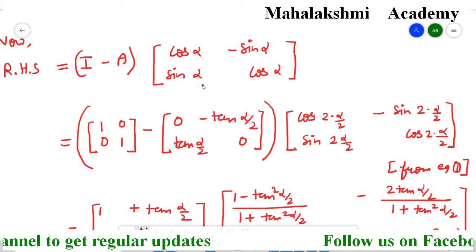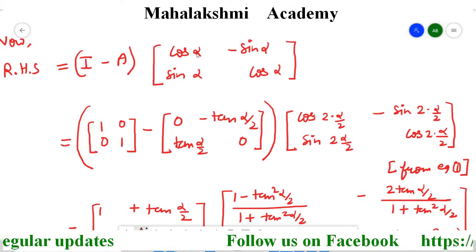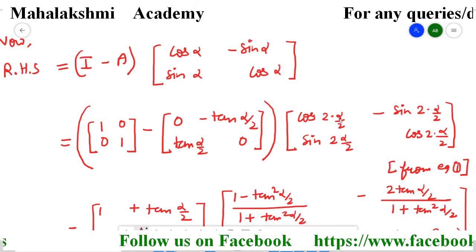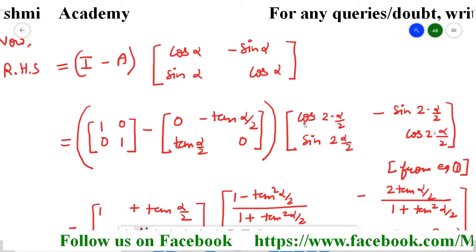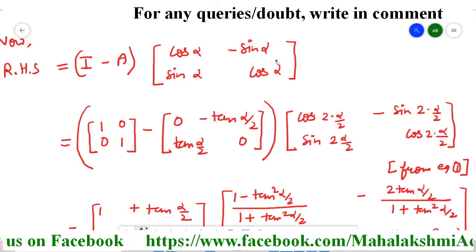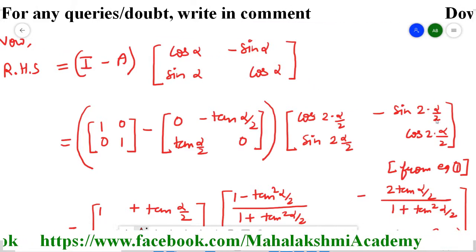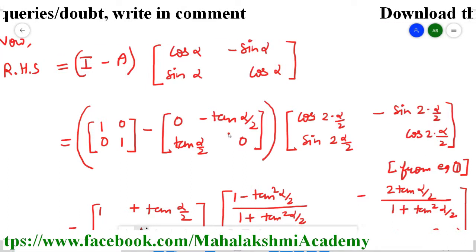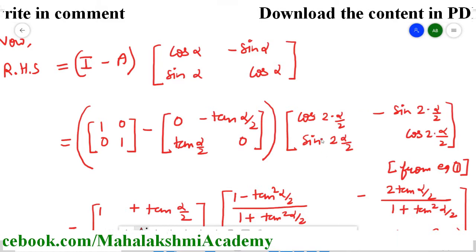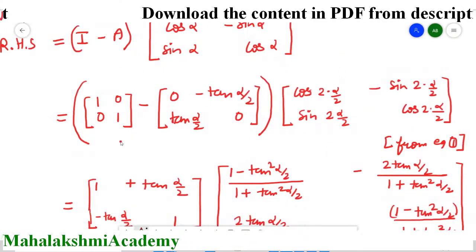That's why for convenience, we'll change this alpha to alpha by 2. So we can write this alpha as 2 multiplied by alpha by 2, which means the same. This is also cos alpha, and here also we have cos alpha. In the same way, everywhere alpha will change to 2 multiplied by alpha by 2, so that the angle in the complete equation remains the same, and we can easily multiply them, and we can use any formula for that.